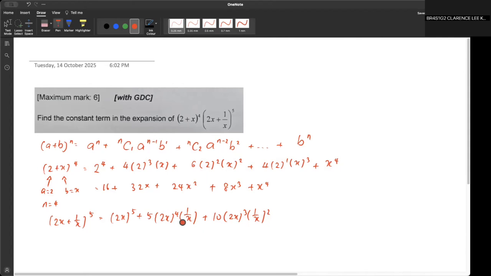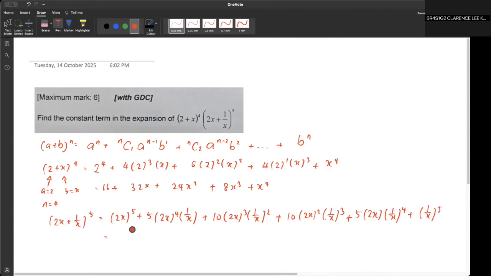You see the power of a keeps decreasing, the power of b keeps increasing. Then followed by 10 again, (2x) squared, 1 over x to the power of 3, and 5, 2x, 1 over x to the power of 4, and finally 1 over x to the power of 5.